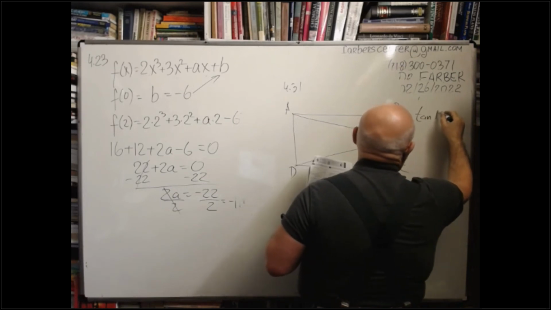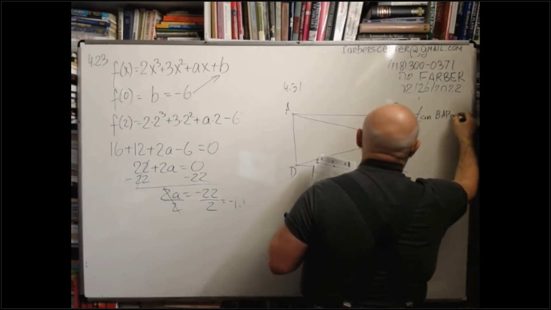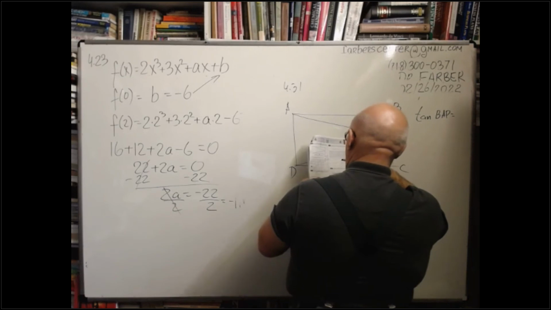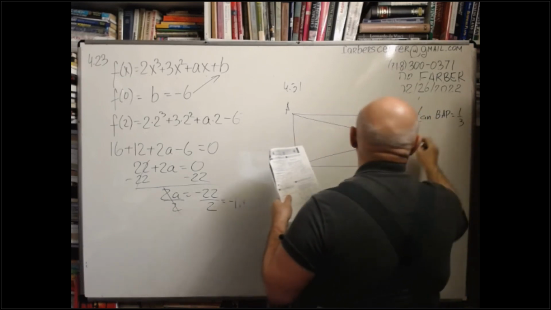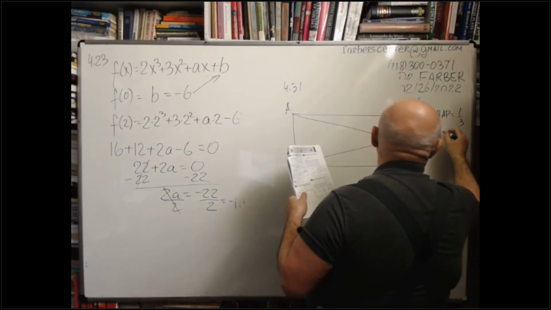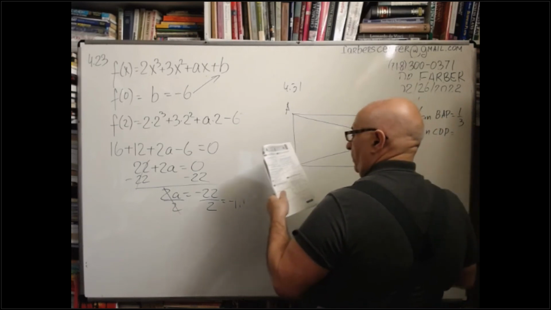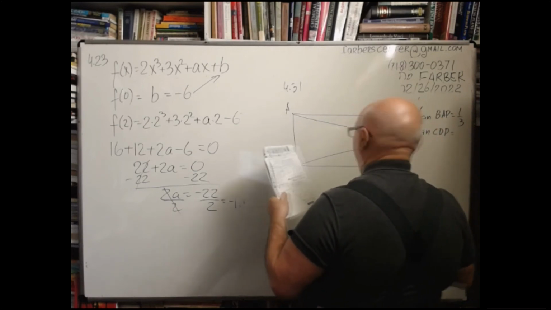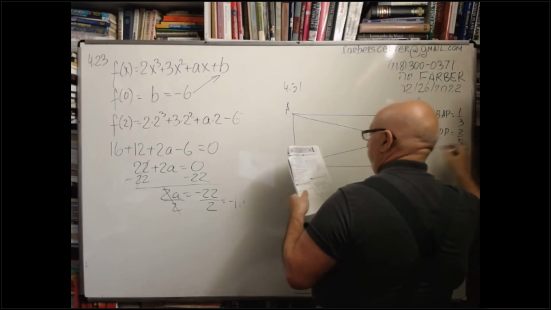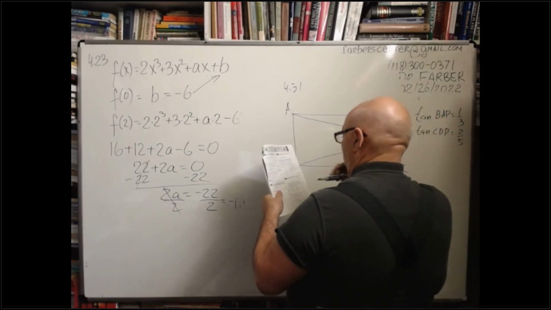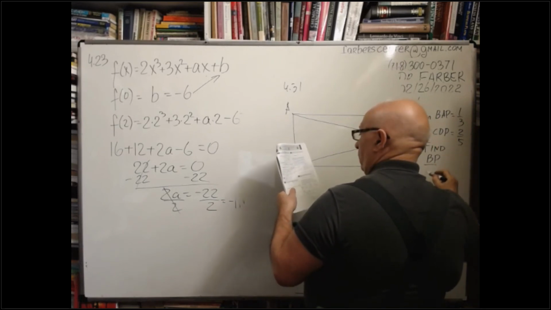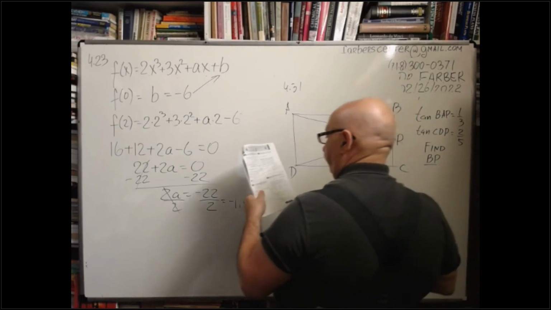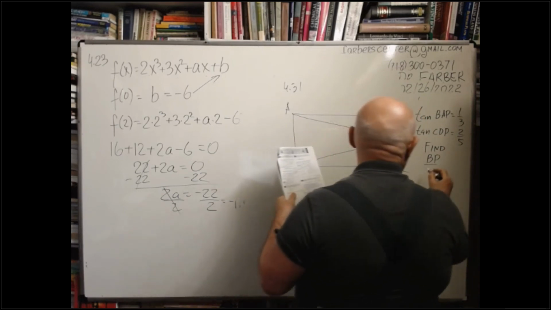Tangent of BAP equals what? It is 1/3. Tangent of CDP equals 2/5. Find BP to what? CP.